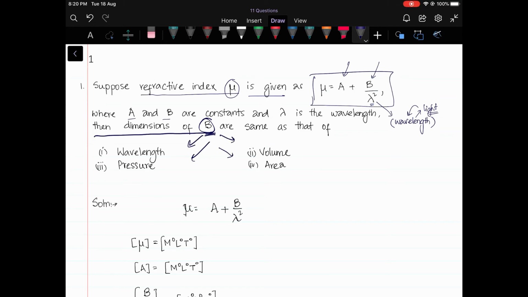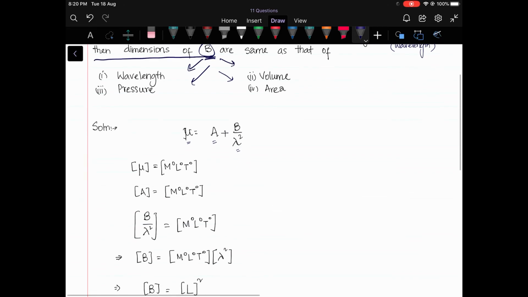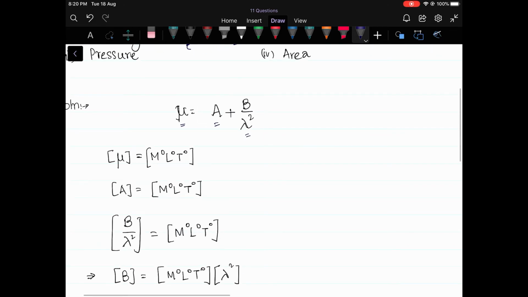Now in order to solve this, first we are going to write the dimension of mu, the dimension of A, and the dimension of this term here. That means the dimension of all the terms appearing in this equation. Now you may have heard about refractive index in your class 10. It was defined as sine of angle of incidence to the sine of angle of refraction.